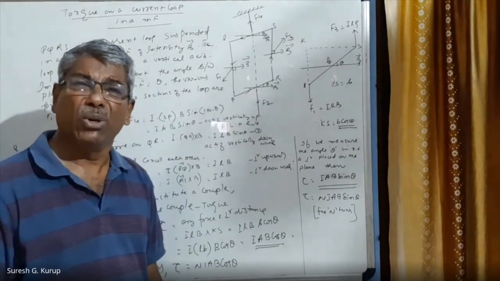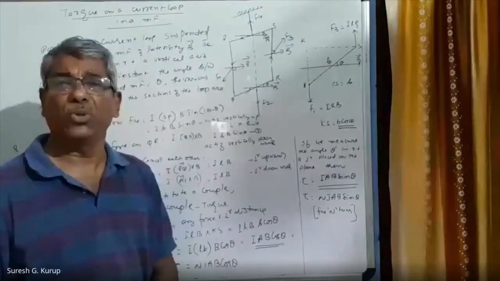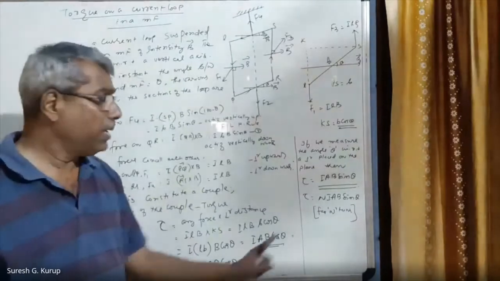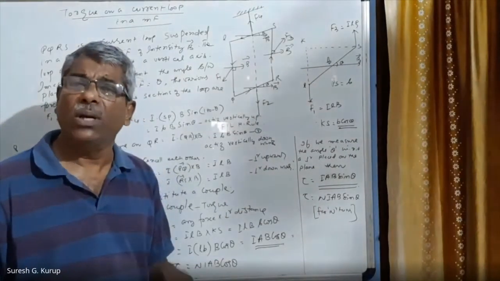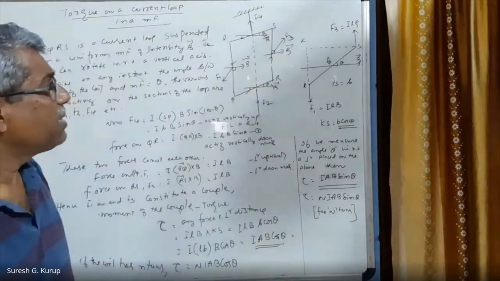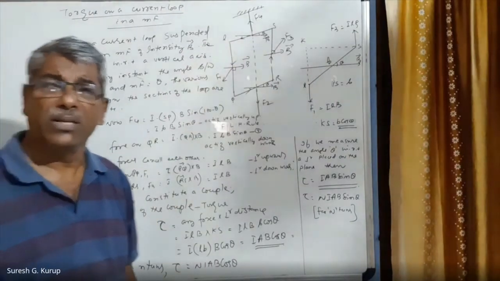So both formulas are one and the same. There is no difference between these two formulas. In certain cases, NIAB cos theta is used, and in other cases, NIAB sin theta is used. Equally important, and both are one and the same. Right? This is what we call the torque acting on a current carrying coil placed in a magnetic field.